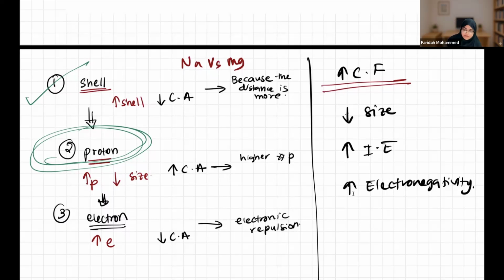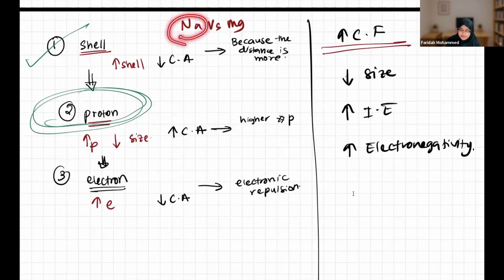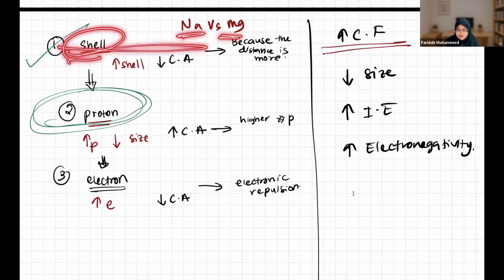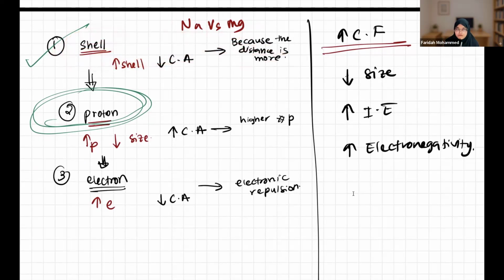Okay, how would we explain sodium versus magnesium? First you look at the shell. Both of them have 3 shells, so this is not going to be your reason. You don't even have to mention it. Next, you look at the proton number. Which one has more?